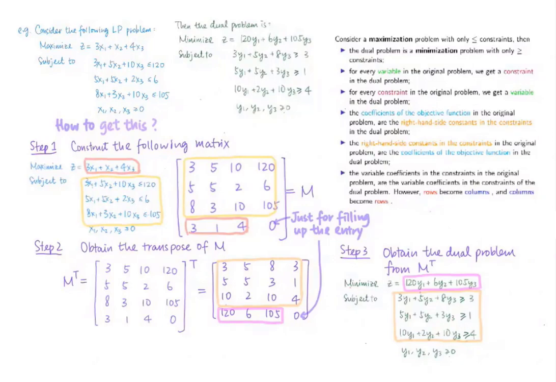In this case, the objective function is Z equals 3x1 plus x2 plus 4x3. So we fill up the last row with the coefficients 3, 1, 4. The last entry of this row will be empty. We simply write a 0 to fill up the space here.